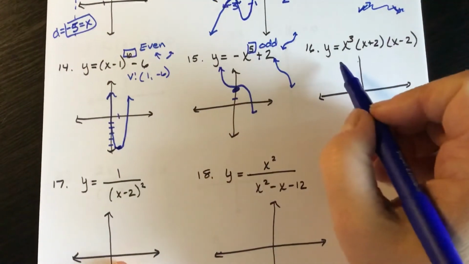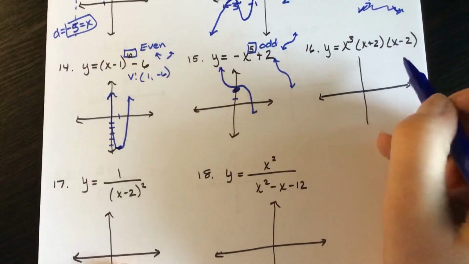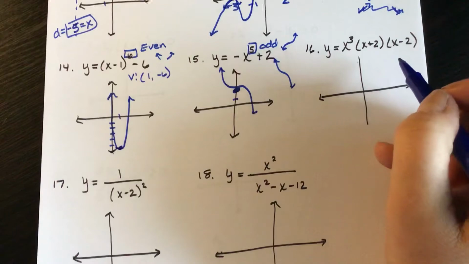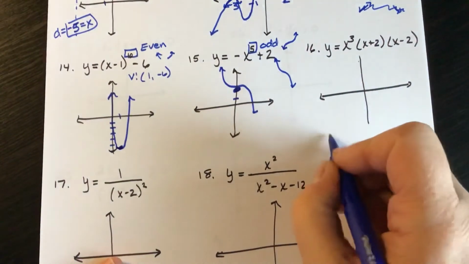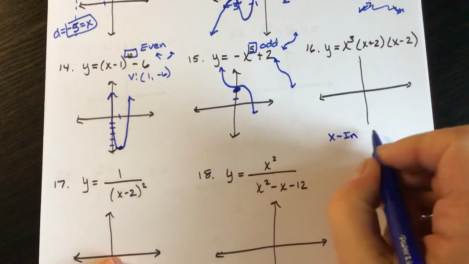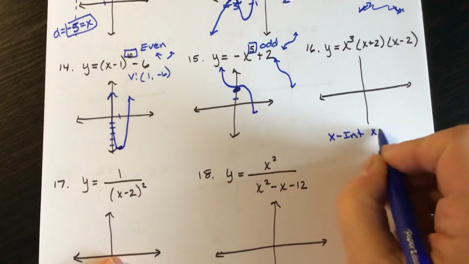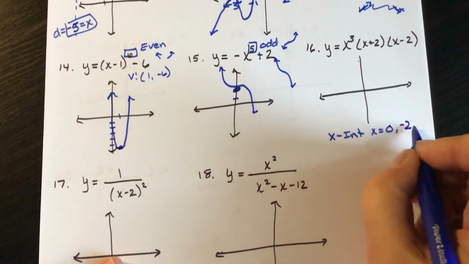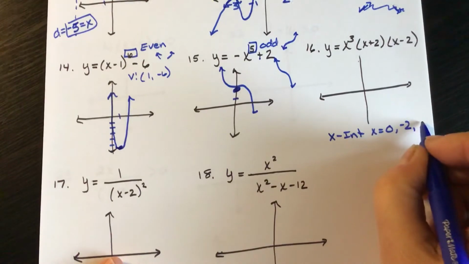All right, number 16, here's another polynomial function. And on this one, if I look at my x-intercepts, I have an x-intercept at 0, at -2, and at +2.